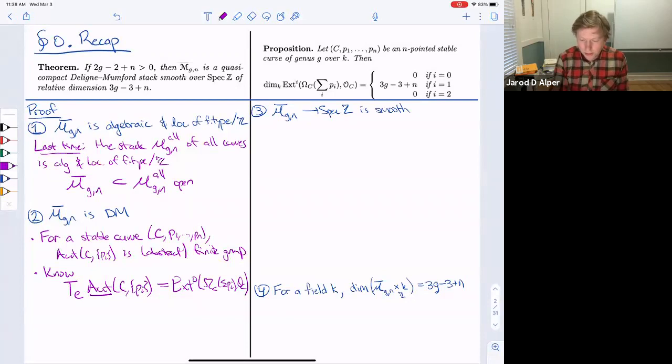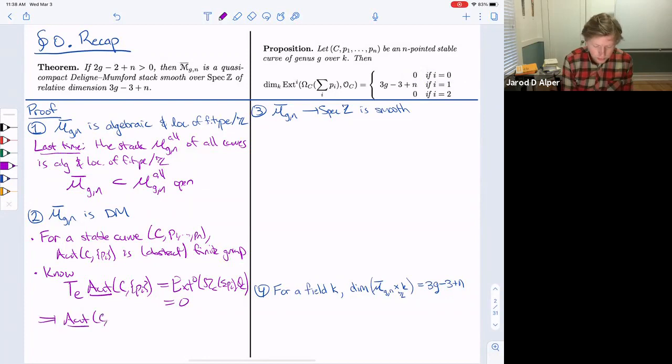And the fact in the top right is that it's 0. And this implies that because there's no tangent space, the group scheme, which we already know is a finite type group scheme, is therefore actually finite and reduced. Otherwise there would be a non-trivial tangent space.